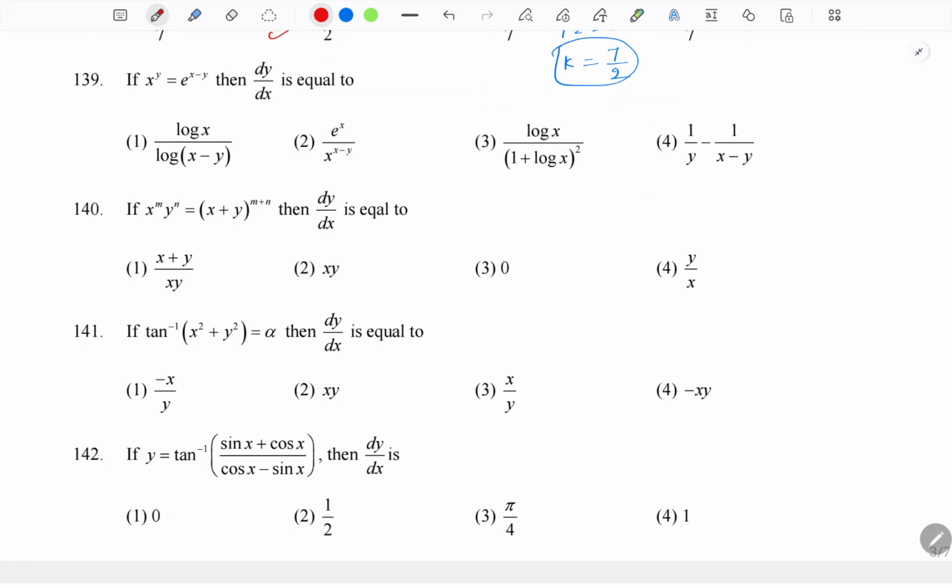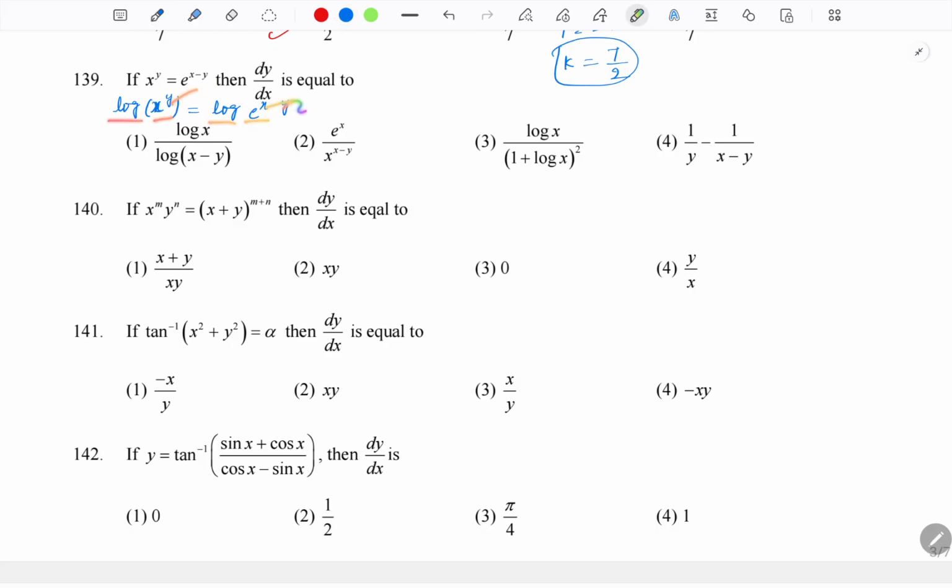Now next question. Now it is a variable power variable, right? What is the best shortcut? Taking log on both sides. If I take log on both sides, then log x to the power of y is equal to log of e to the power of x minus y. It looks like log a power b.